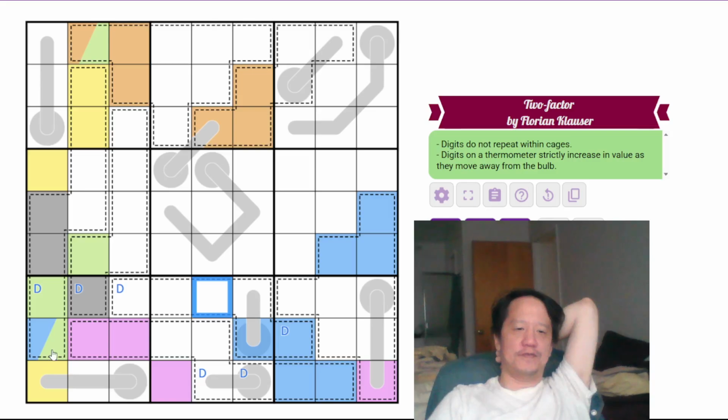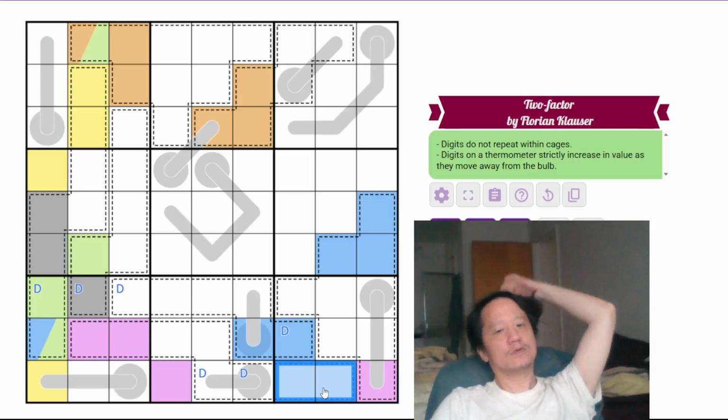So if this were here, so one of these is D. The other one has to be one of these two, right? Or one of these three has to be one of these two.